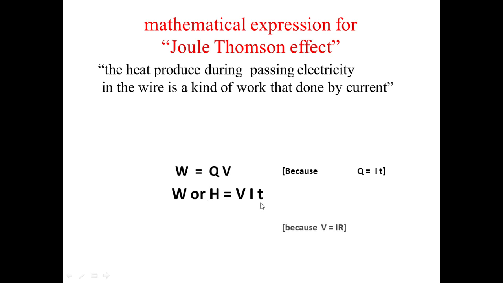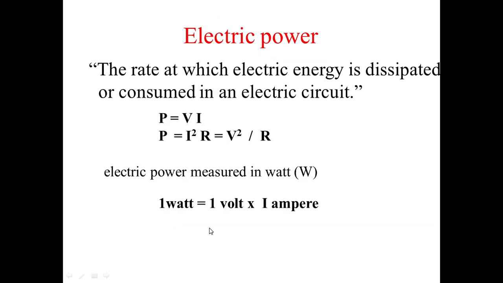Come to the next. As we know from Ohm's law, V is equal to IR. By replacing this V with IR, we get the final expression for the Joule-Thomson effect for heating. So heat is equal to, it is a kind of energy, a random form of energy, so heat is equal to I square RT.